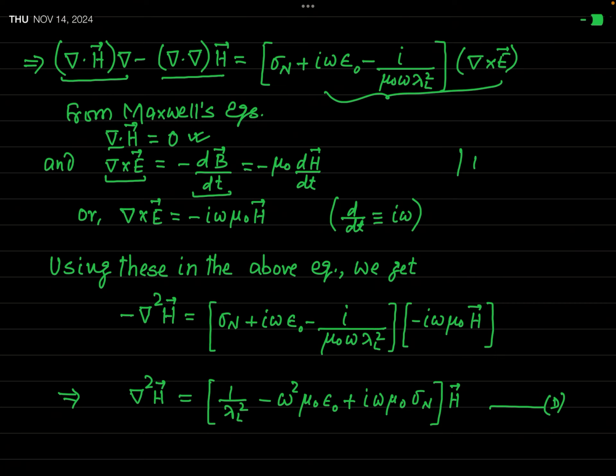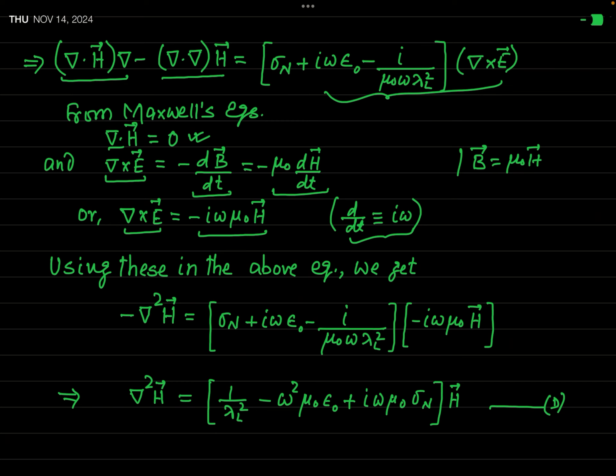But you know B, which is magnetic induction or magnetic flux density, is equal to mu naught times H. So when B is replaced by mu naught times H, curl of E is equal to minus mu naught times dH by dt. But you know the operator d by dt is equivalent to i omega. So writing i omega instead of the operator d by dt, our result is curl of E equal to minus iota omega mu naught H.